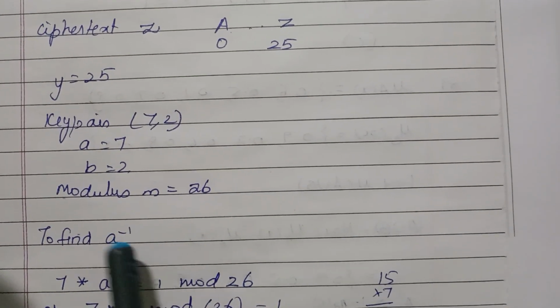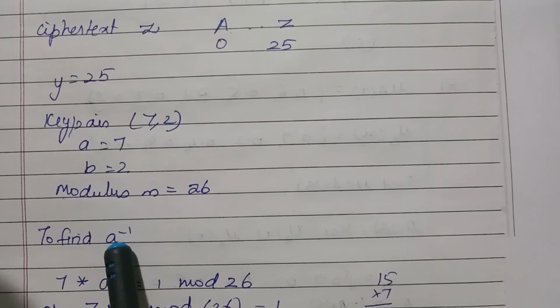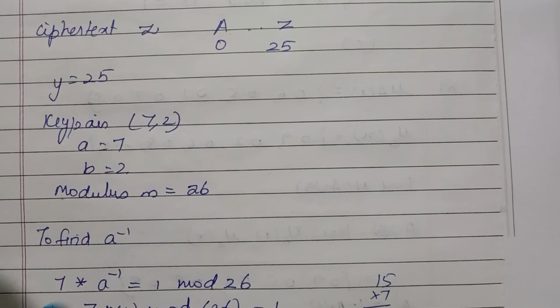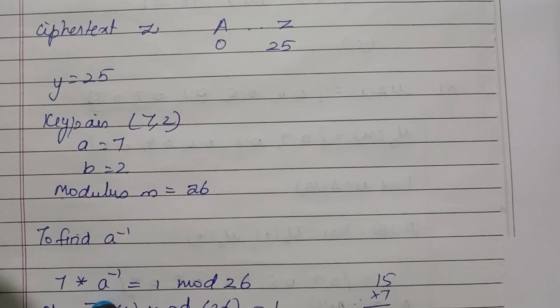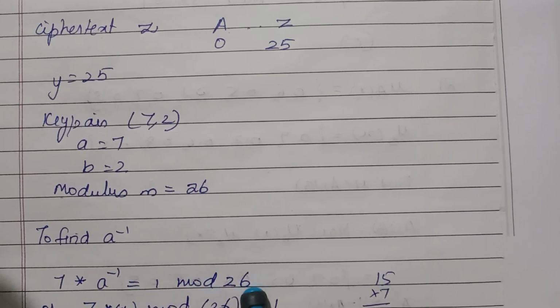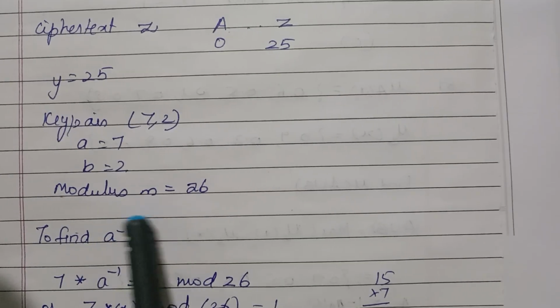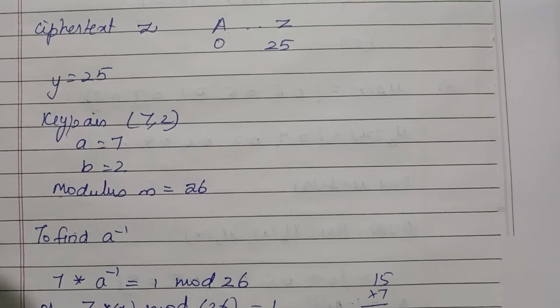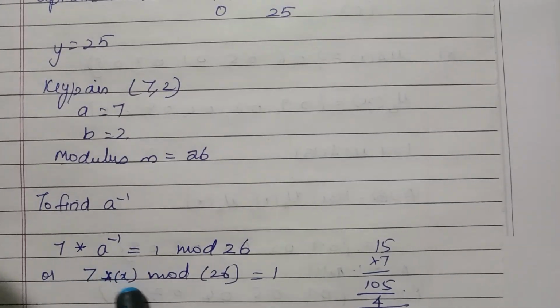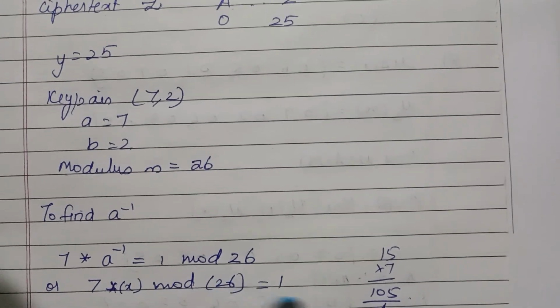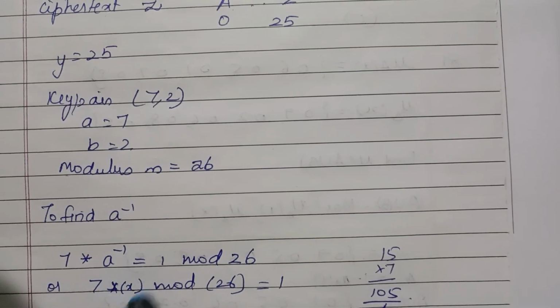Now we have to find the modular multiplicative inverse. a is given as 7. So 7 into a inverse will be equal to 1 mod 26. This is how we find the value of a inverse, or 7 into some value mod 26 will give 1.